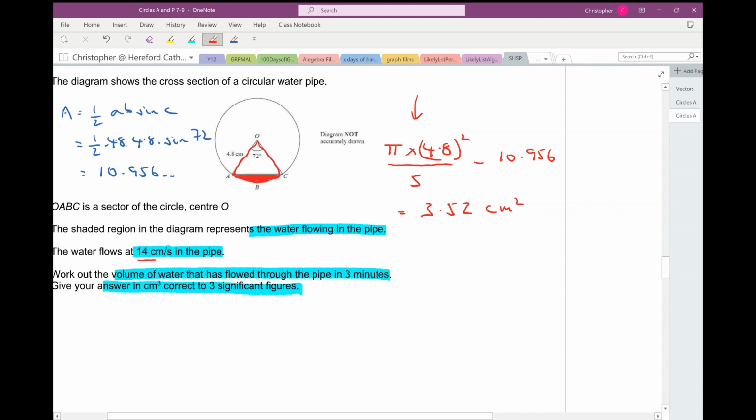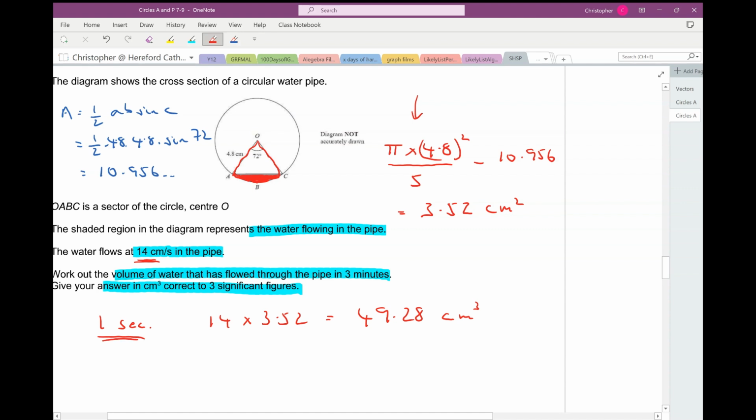Great. So if the water flows at 14 centimetres per second, then in 1 second, 14 times 3.52, which is 49.28 cubic centimetres of water flows out of this pipe in 1 second.